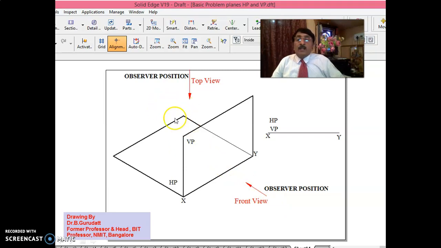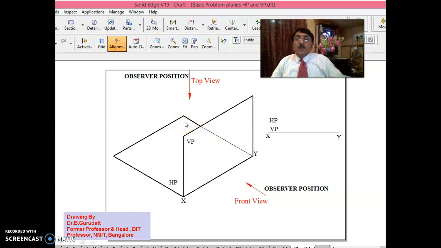This is the second quadrant. That means the points or plane surfaces or objects are located here. When your front view direction is this, the objects or points are located behind VP, above HP. Can you understand this? Behind VP and above HP.